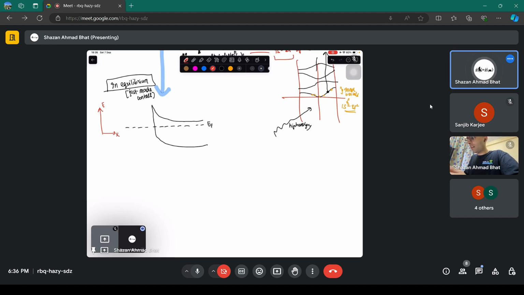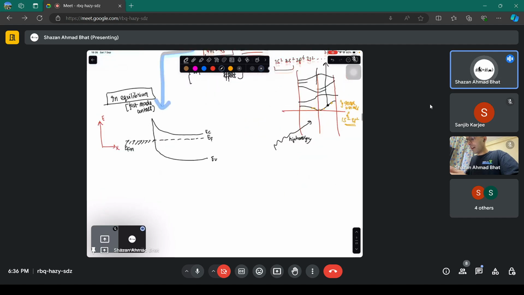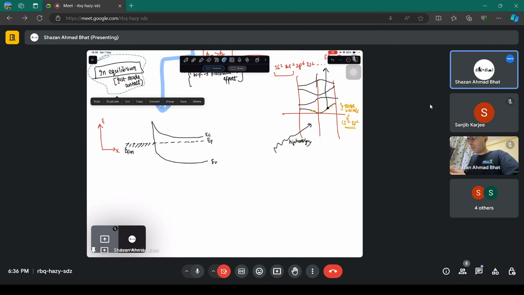So now you have the metallic Fermi level and the semiconductor Fermi level aligned. This is the conduction band, this is the valence band, and you have the vacuum level here.